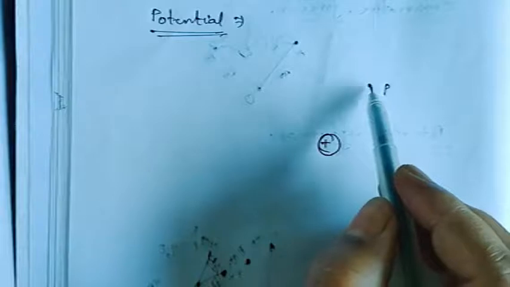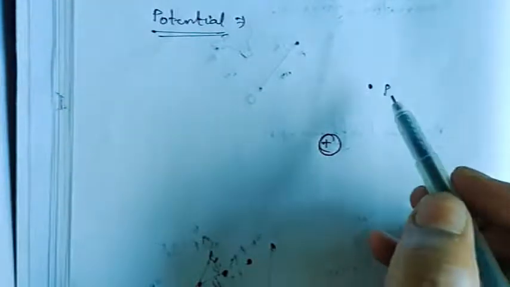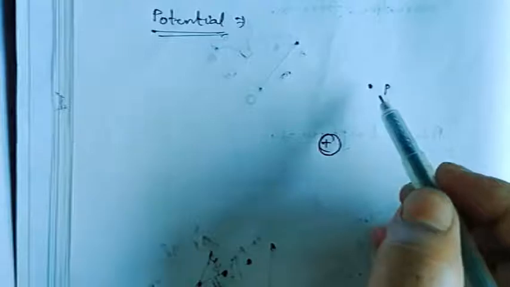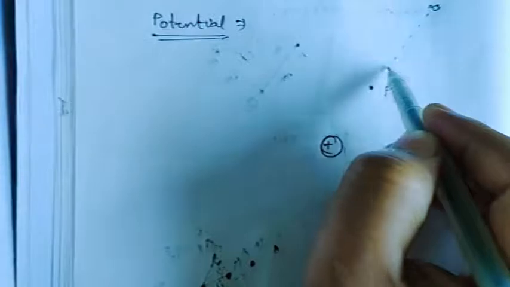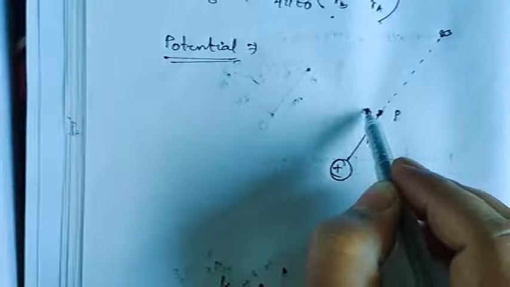According to the definition, electric potential at a point inside an electric field is defined as the amount of work done per unit positive test charge to bring it from infinity to that point. So consider this point is situated at a distance of r. Now this point is B point, suppose P point, and this point is suppose A point.